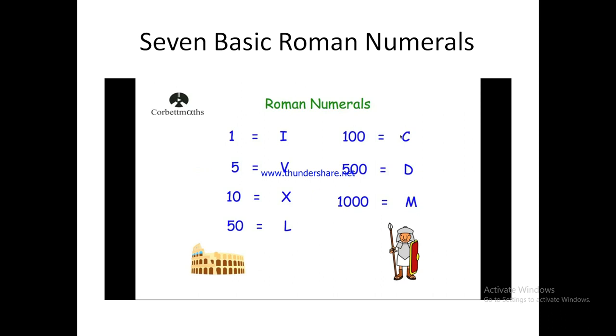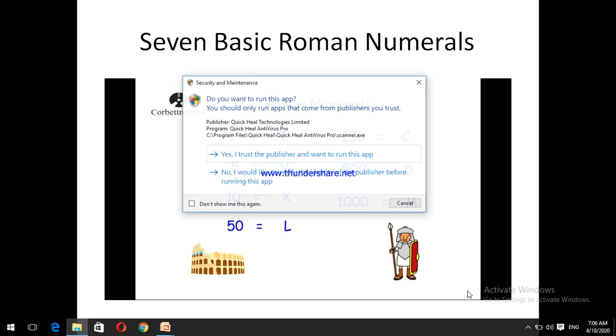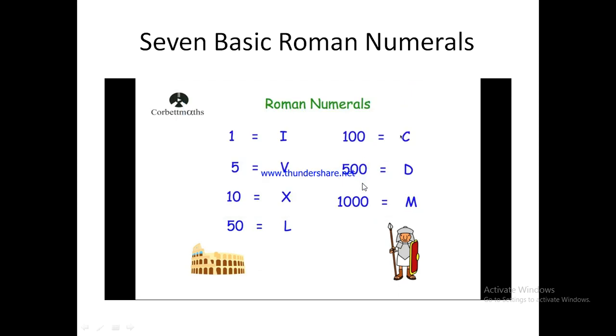It is I, V, X, L, C, D and M. And when we give these values in Hindu-Arabic, it will be I, it is 1, V, it is 5, X, 10, L is 50, C 100, D is 500 and for M, children, it is 1000.